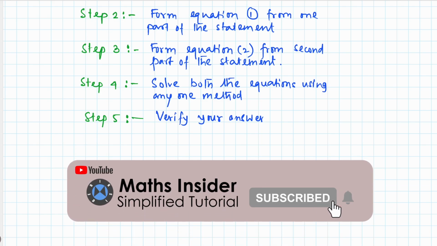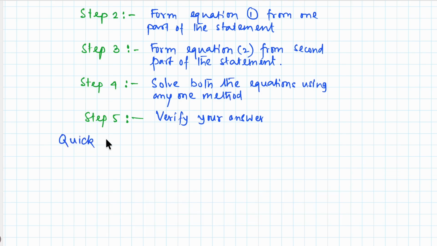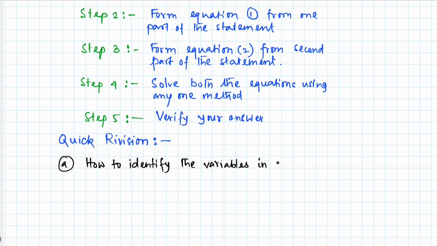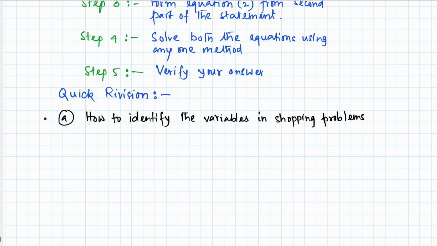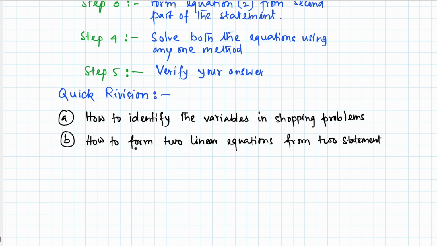So now let's have a quick revision of what we have done so far. We learned how to identify the variables for the given items, mainly in shopping problems. Then how to form the equations from the given statements, two linear equations from the two statements given in the problem.